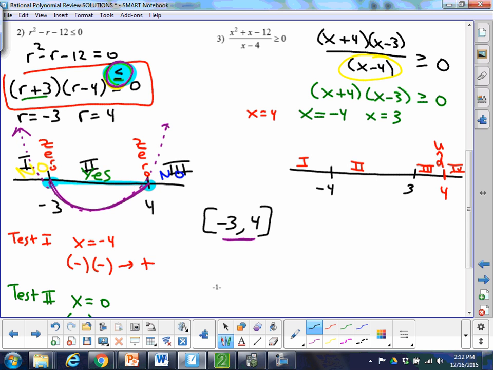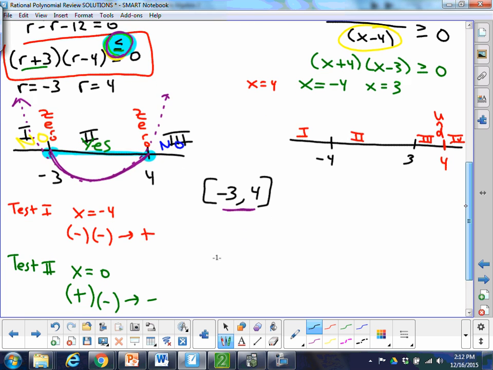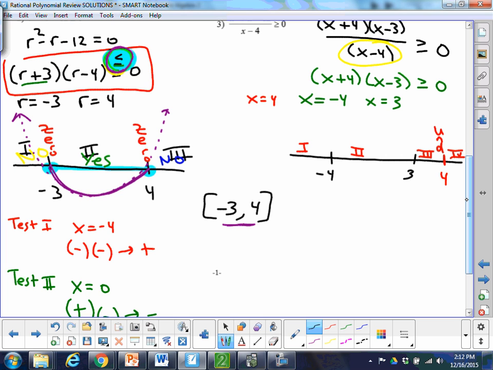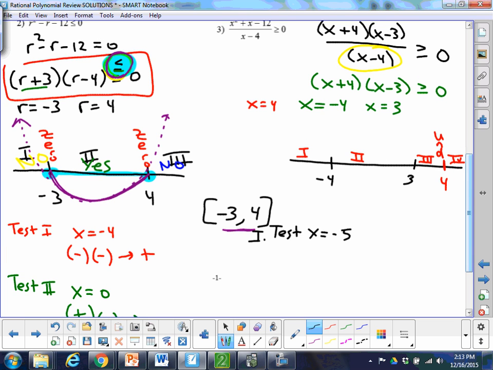Okay, and we would do the same thing to test this one out, plugging in, and I'll do the first couple. If we test something in interval 1, let's say we test negative 5. Looking at the factored form, the easiest way to do this without a calculator is looking up here at this form right here.